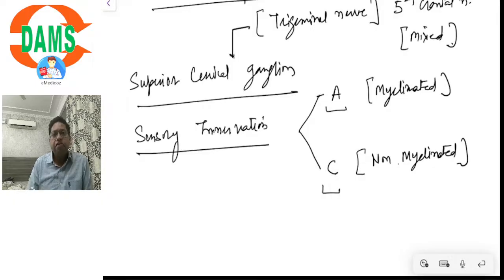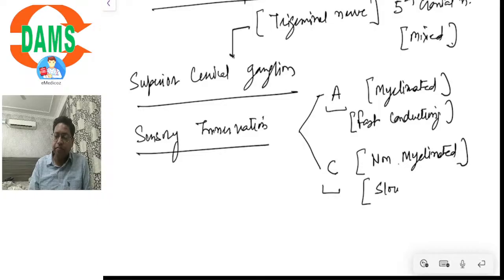From the basics of physiology, you must know that myelinated nerve fibers are fast conducting, and C fibers, which are non-myelinated, are slow conducting. These are the two types of sensory fibers which are present.